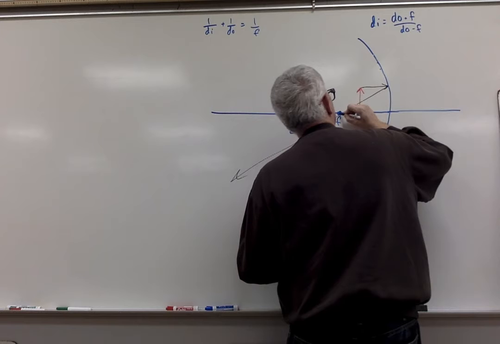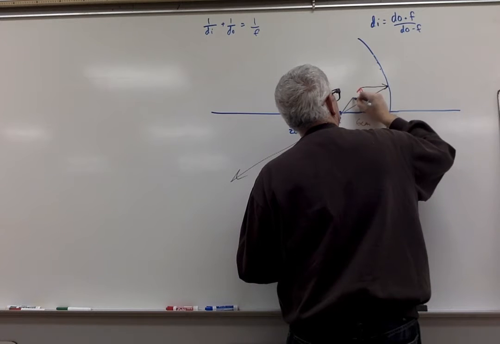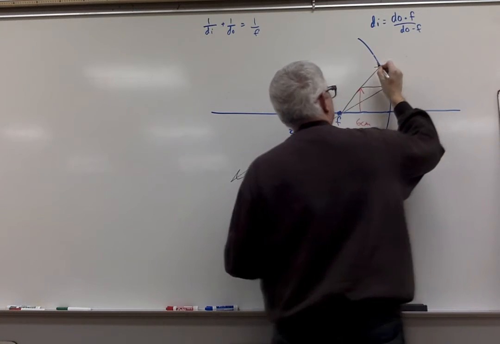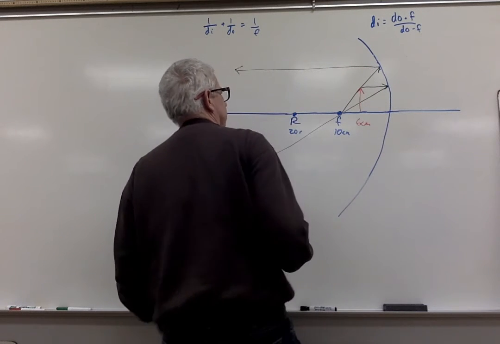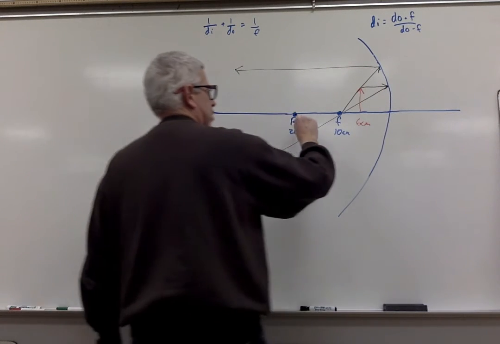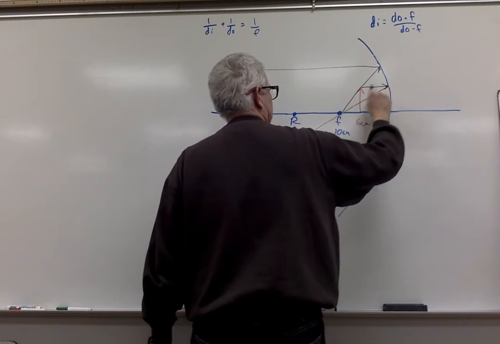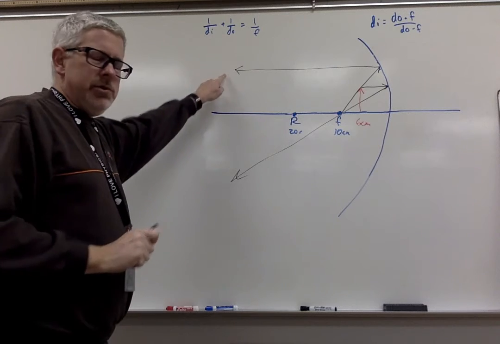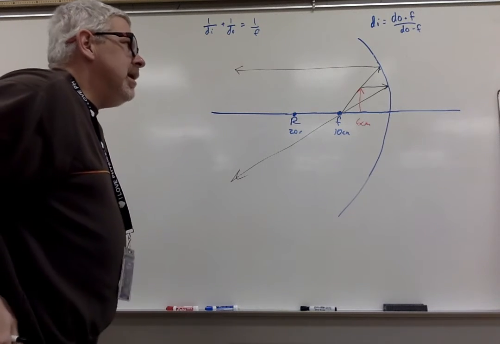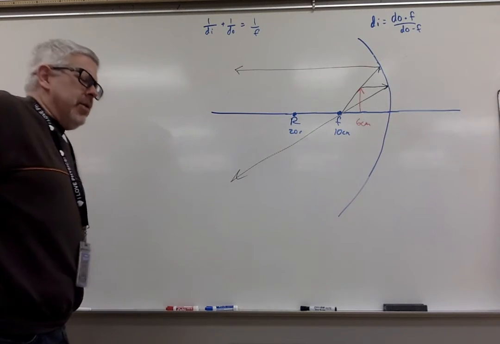So I can have it go up like this, hit the mirror, and it's going to reflect back straight, parallel to the optical axis. Again, I could have a light ray coming in here from the center of curvature and also going straight back. At any rate, those two reflected light rays don't really cross each other.